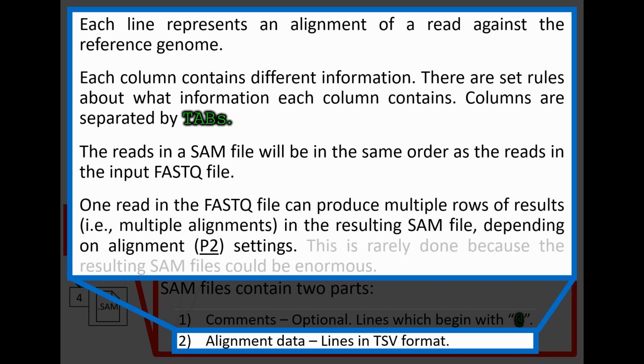One read in the FASTQ file can produce multiple rows in the results, i.e., multiple alignments. This is rarely done because the resulting SAM files could be enormous. Nevertheless, it is possible to specify that the alignment program do so.